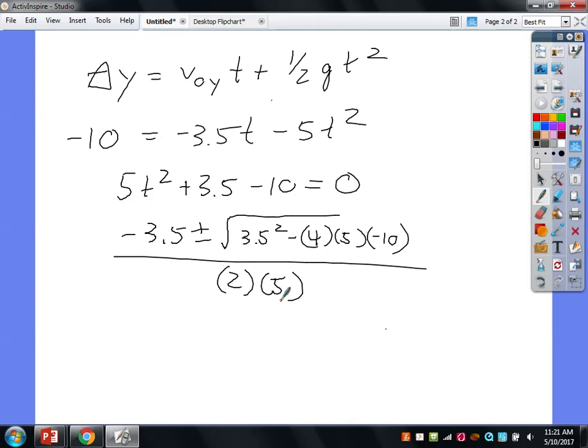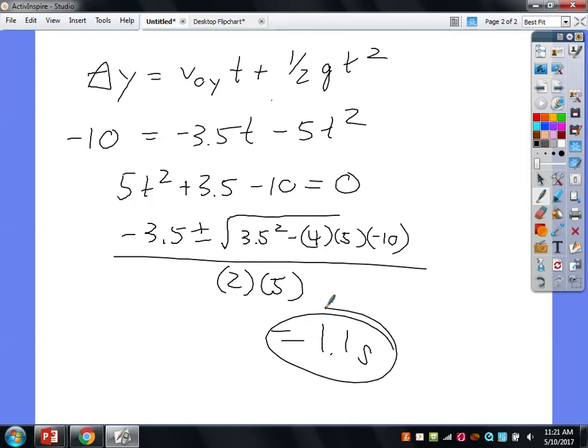Now let's do this, and it'll come out all nice for me now. Yep, that's so much better. Essentially, the only thing I'll quickly say, it does come out to 1.1 seconds.